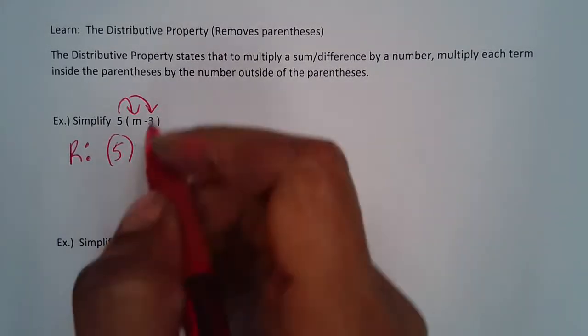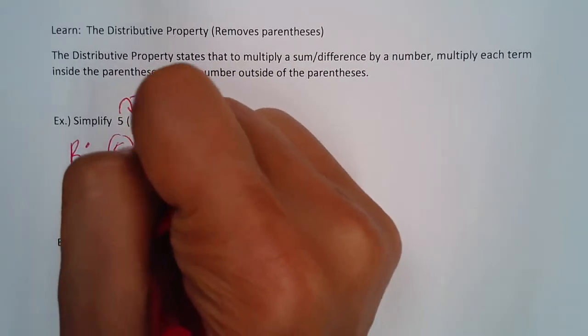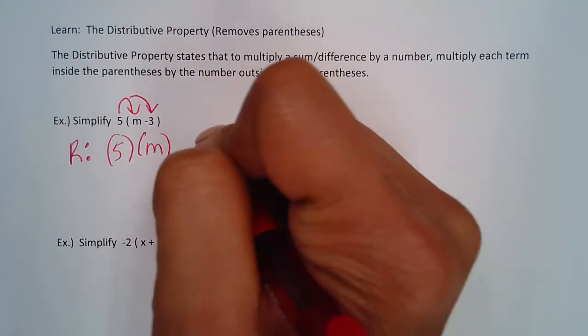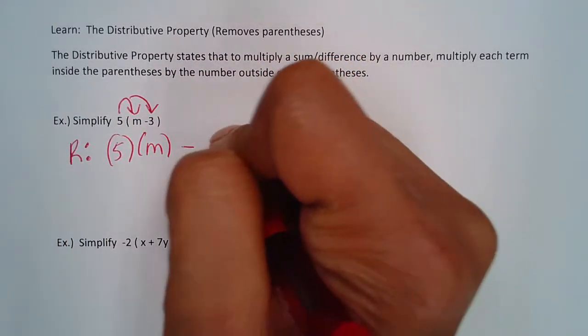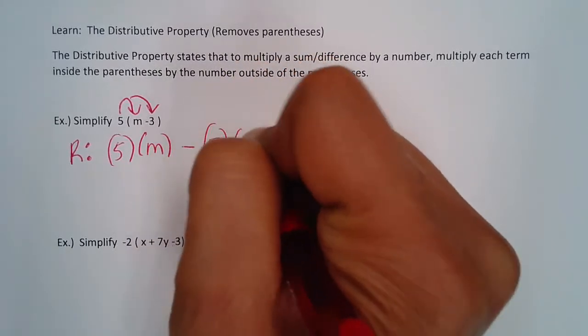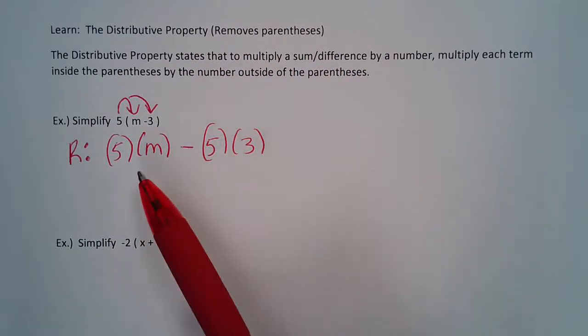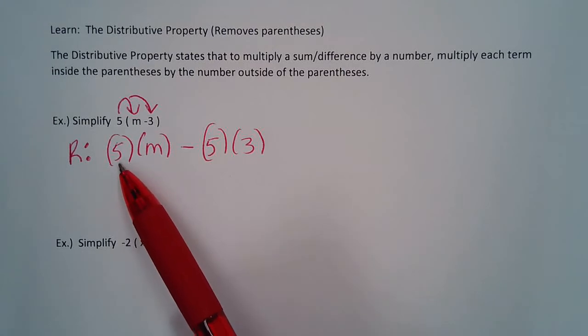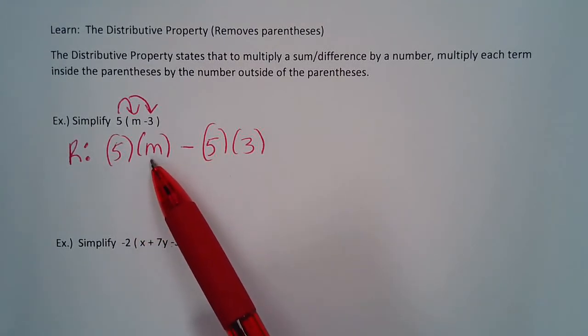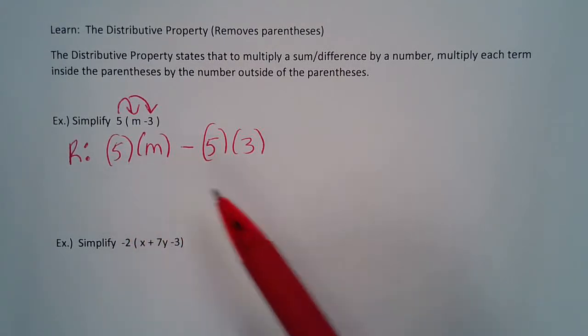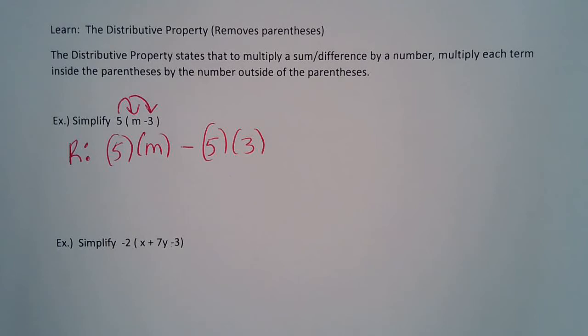So here I'll have 5 times m. I'm going to bring down my subtraction sign, and then I'll have 5 times 3. I make it a habit to put my parentheses around my numbers and letters because it just helps me maintain an organized problem, especially once we start dealing with a lot of negative signs.